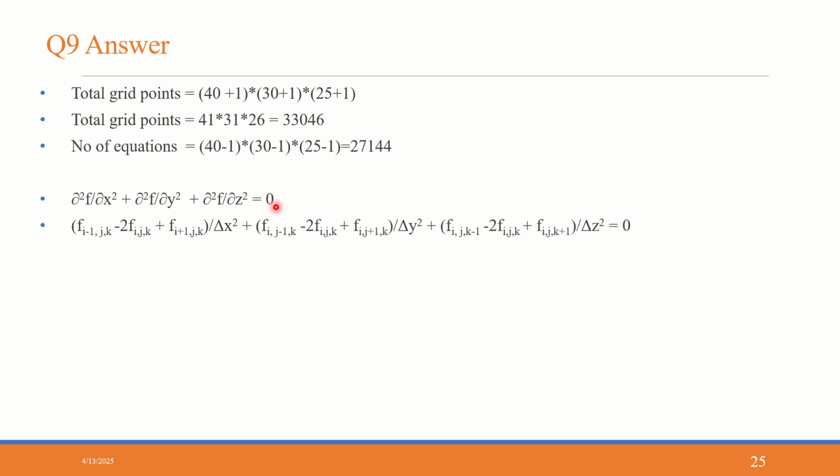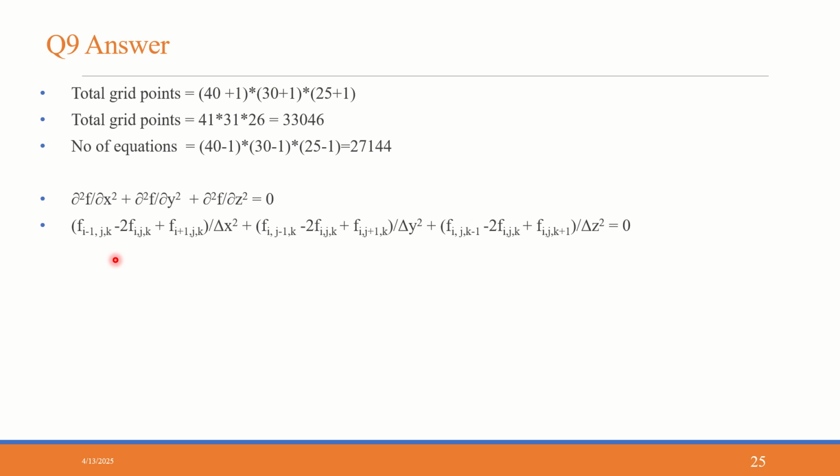So when we do central differencing, we will have it as f at (i-1, j, k) minus 2 times f at (i, j, k) plus f at (i+1, j, k), divided by Δx², plus f at (i, j-1, k) plus f at (i, j+1, k) minus 2 times f at (i, j, k), divided by Δy², plus f at (i, j, k-1) minus 2 times f at (i, j, k) plus f at (i, j, k+1), divided by Δz². So this is the equation we will be attaining.